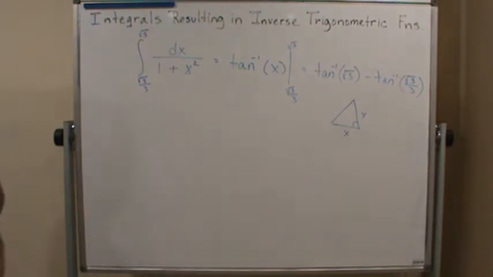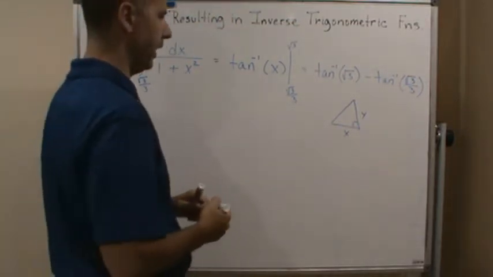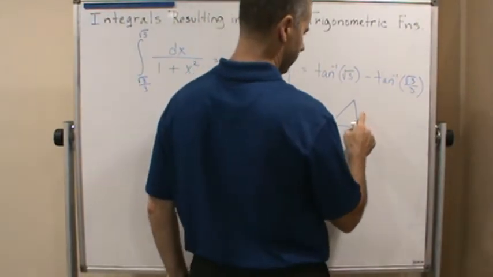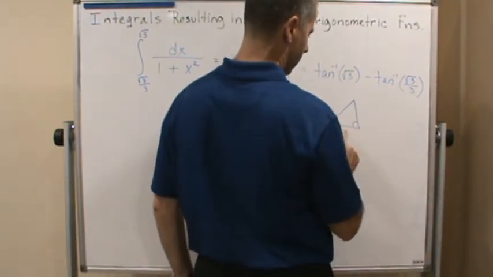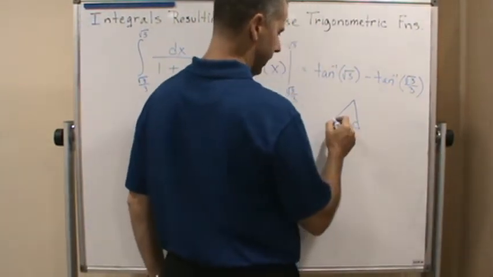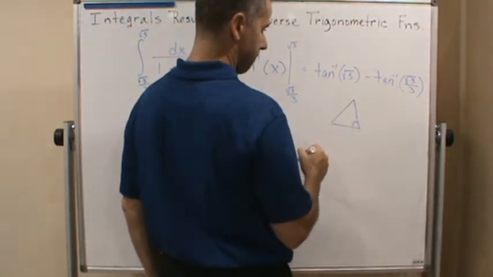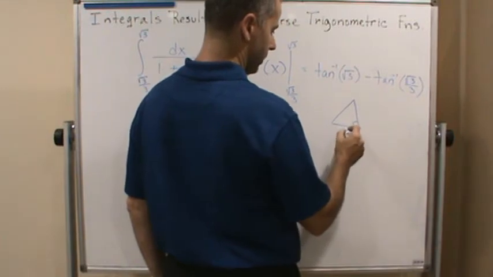So what angle gives us a ratio of square root of 3 over 1?